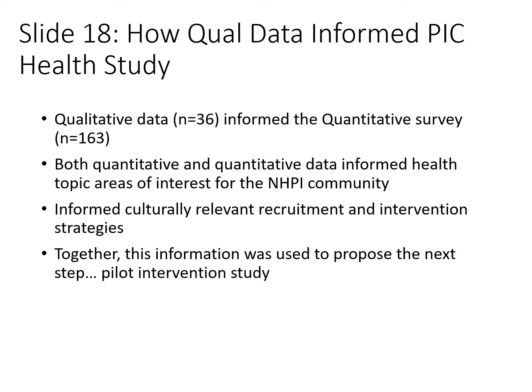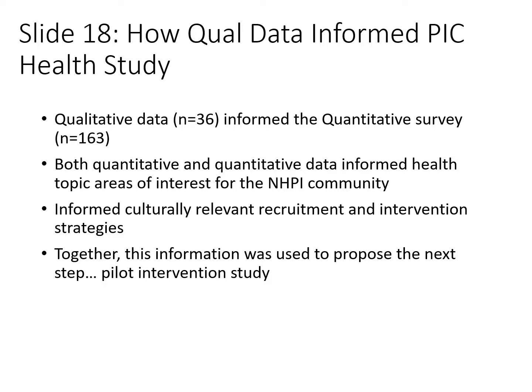So again, speaking to bullet point 2, both the qualitative and quantitative data work together to help inform topic areas of interest and strategies that we could use for working with the NHPI community. Particularly, it provided culturally relevant recruitment information and also intervention strategies.